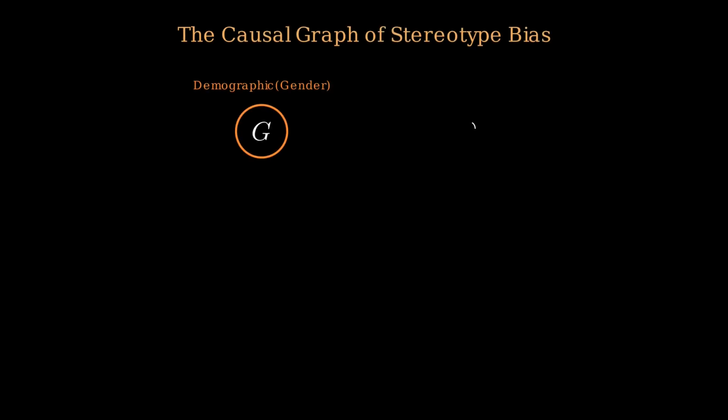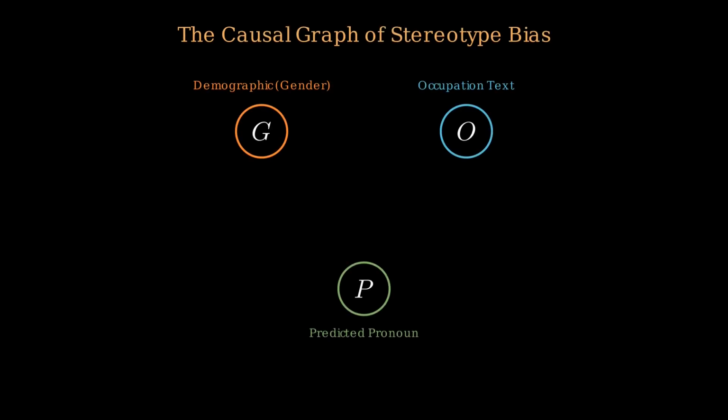To fix this, we have to stop treating text as flat statistical arrays and model the data generating mechanism. Let's look at the true causal graph generating pronouns.